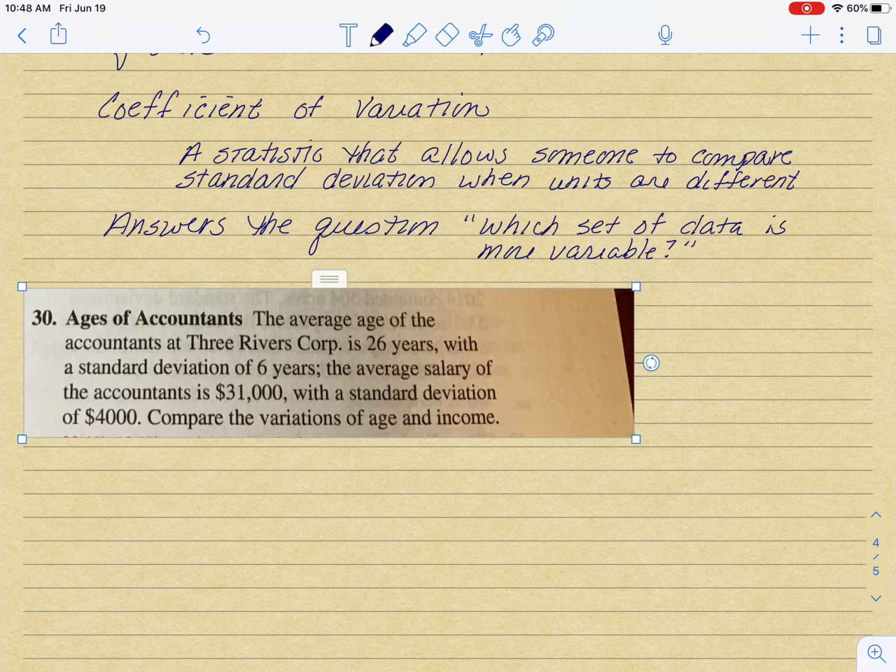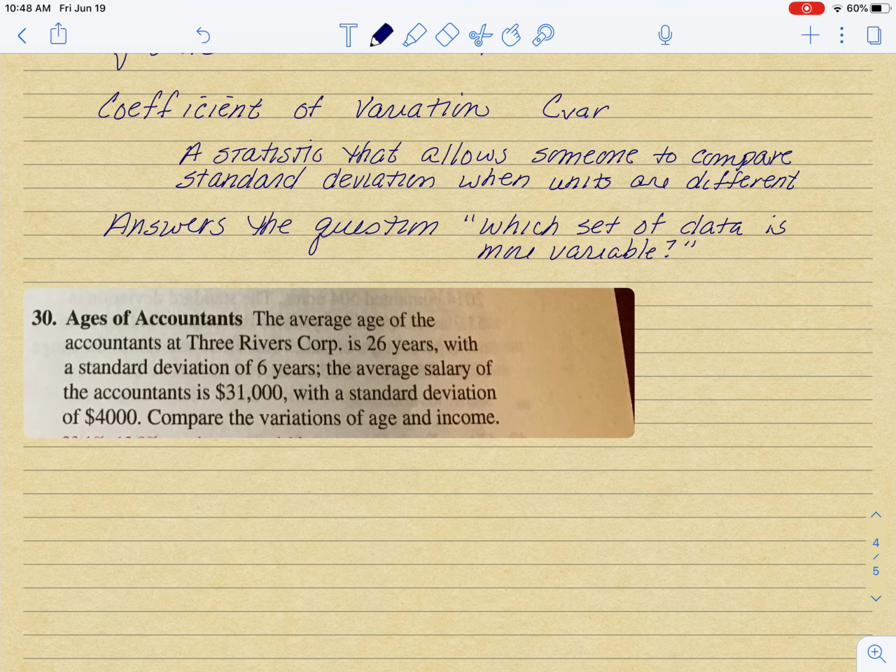All right, so the next thing that we're going to do is the coefficient of variation. It's called CVAR, written CVAR. This is a statistic that allows someone to compare standard deviations when the units are maybe different. So let's say in our class I wanted to know which was more variable out of our students, their height or their weight.